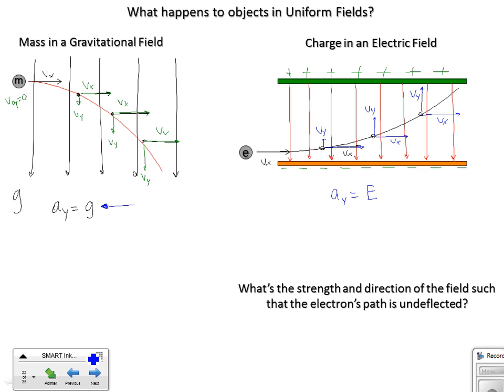Now, all this stuff so far assumes that the electrostatic force is way bigger than the gravitational force. We haven't taken gravity into effect at all. But what if we change the strength of the field such that this thing doesn't deflect at all but still moves in a straight line path?